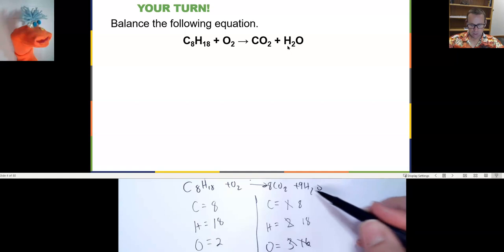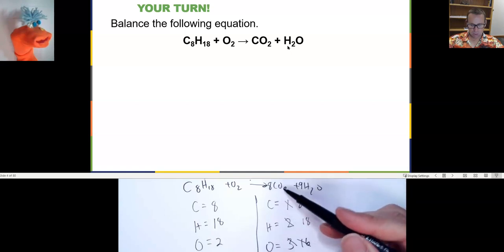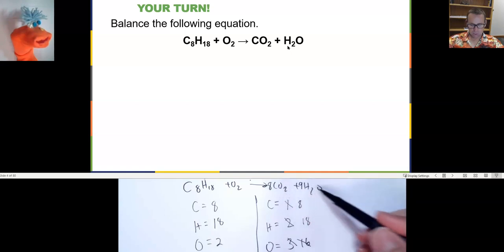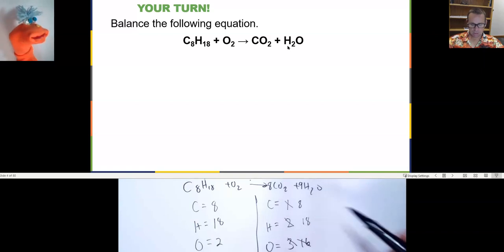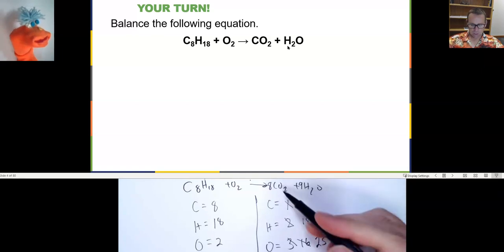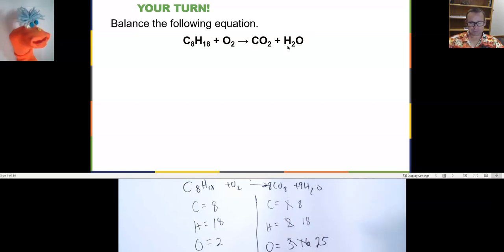And now oxygens, I have 8 times 2, 16, plus 9, so that's 25 oxygens. All right, excellent. Now I can go back here and everything's balanced except for the oxygens.